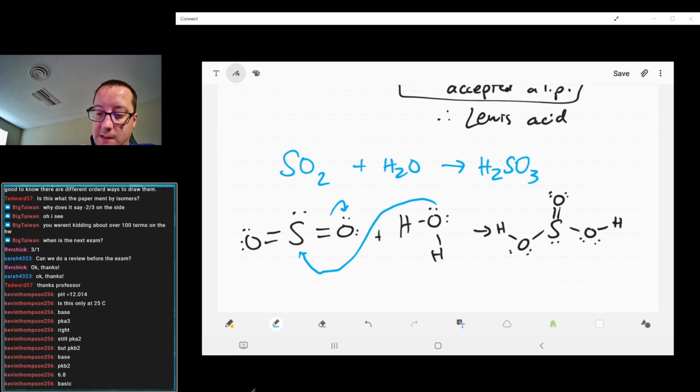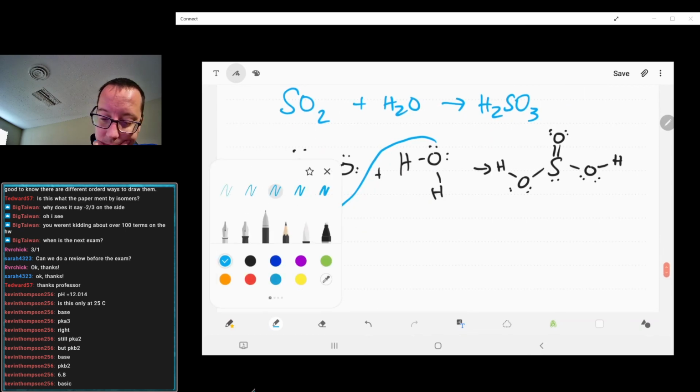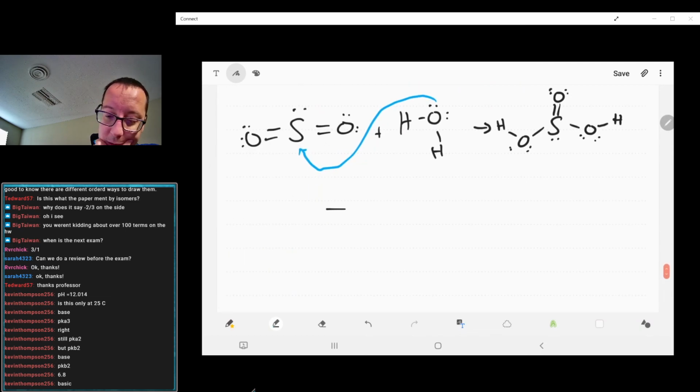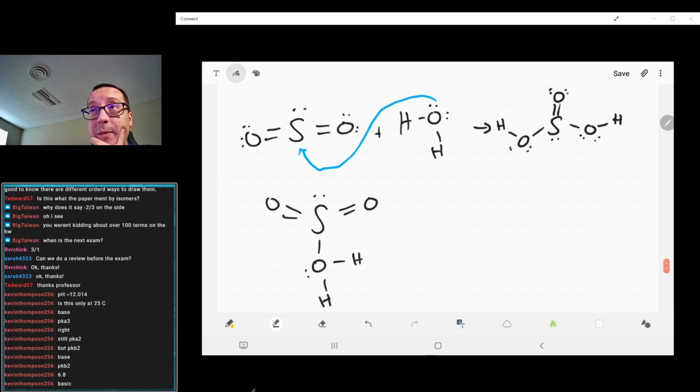Here, let's do it one step at a time. If we do this, this poor sulfur will be completely overloaded with electrons. And we're going to kind of form a complex there.